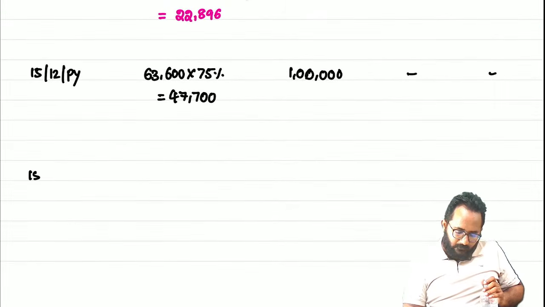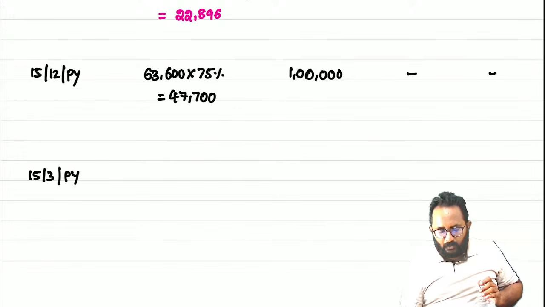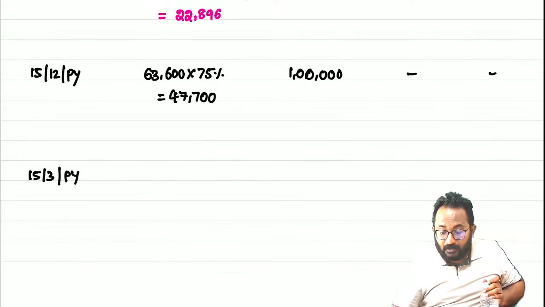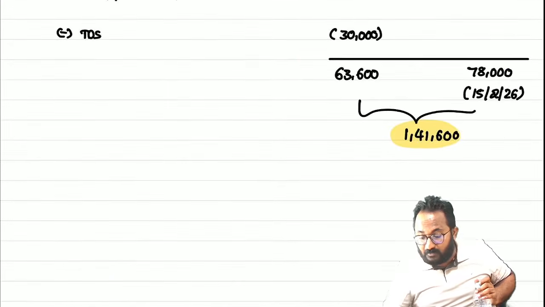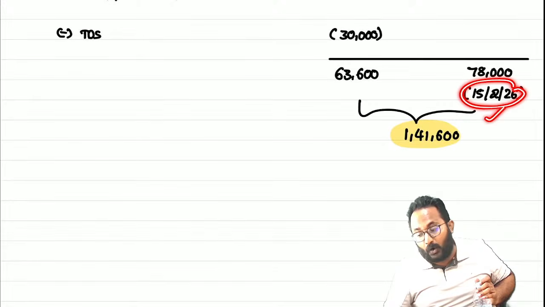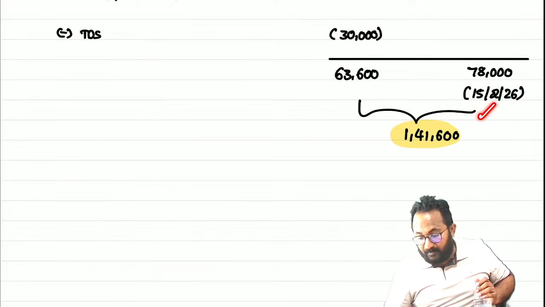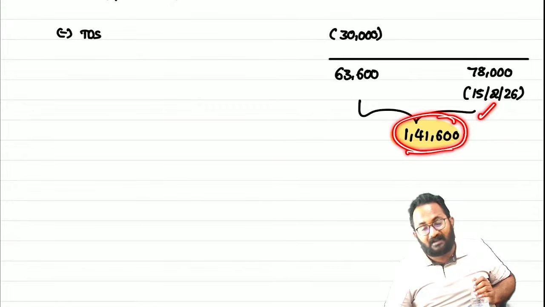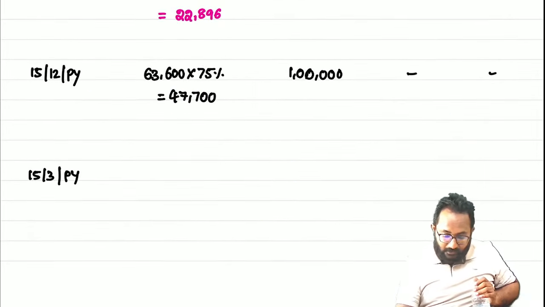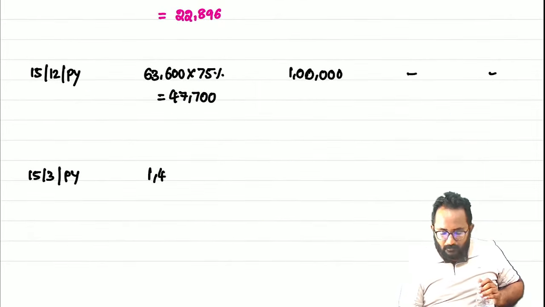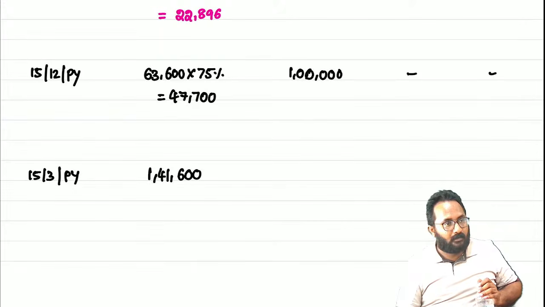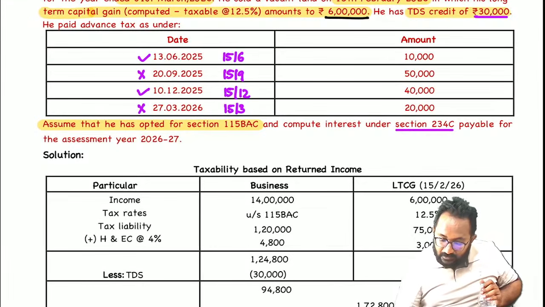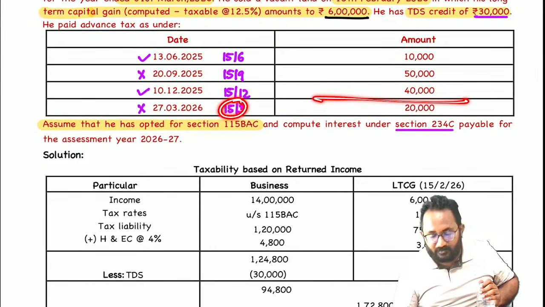Next, 15th March of the previous year. Yes, you have to clear. Listen, you have to clear both the things now. Why? It is known in December. Means in February you have to pay how much? 1,41,600 you have to pay. But up to this date, how much did you pay? 1 lakh only.